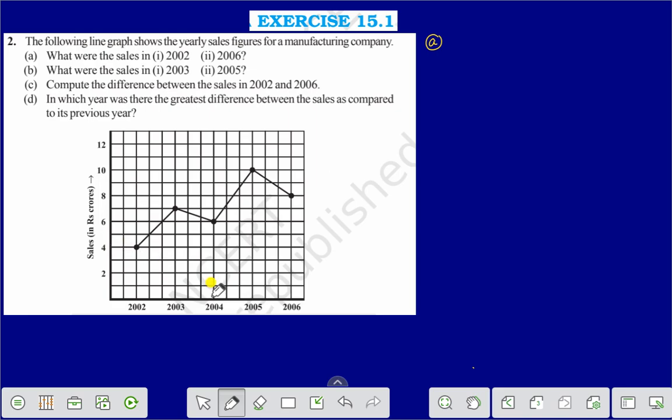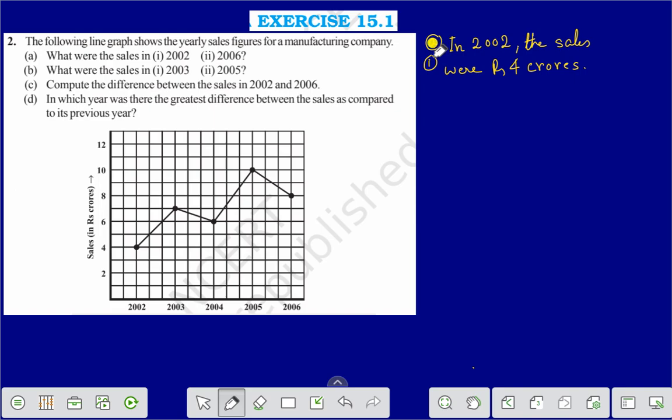We can say that in 2002 the sales were rupees 4 crores. This is question number A.